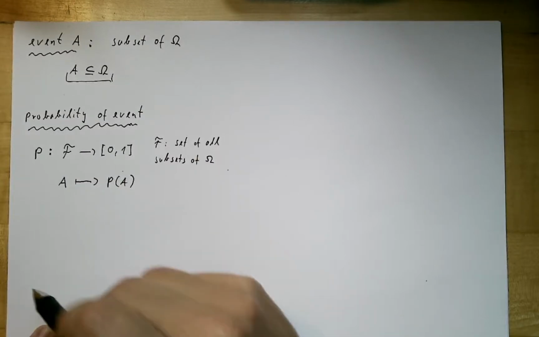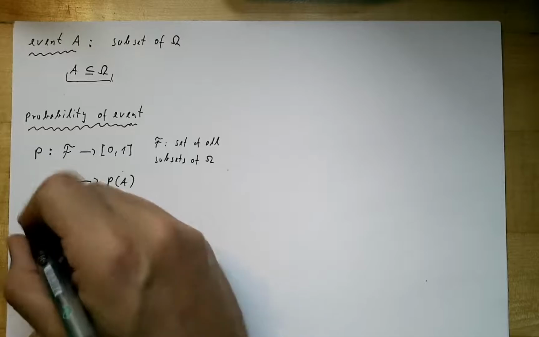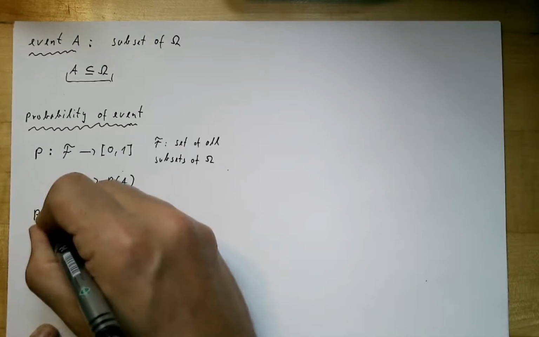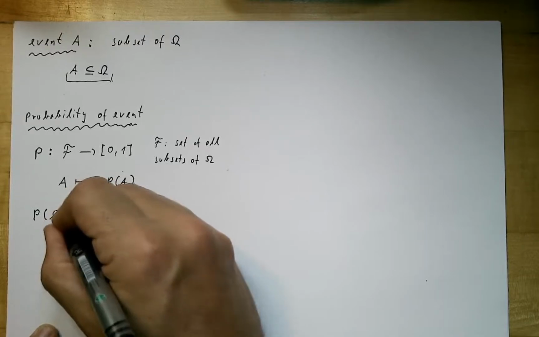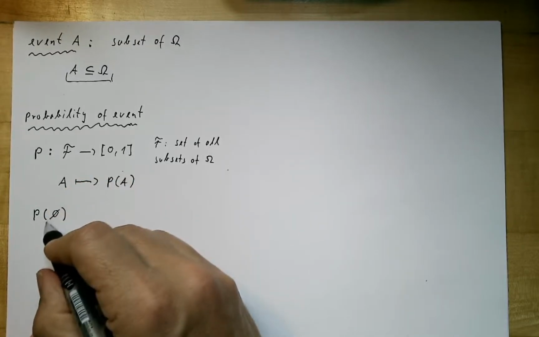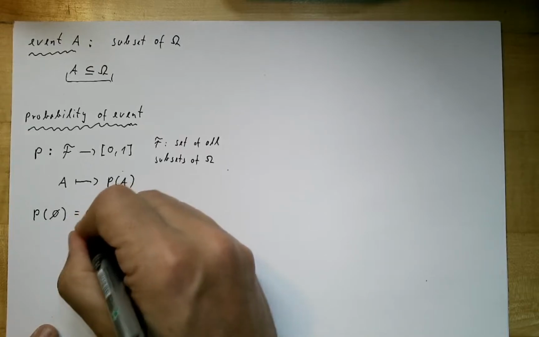And now there are some rules. So for example, we have the empty set, the set which is empty, and this gets the probability 0.